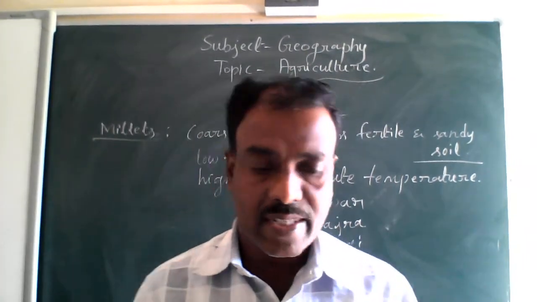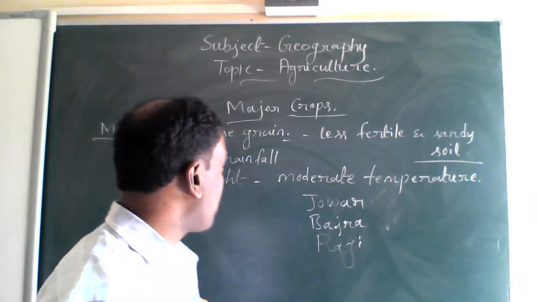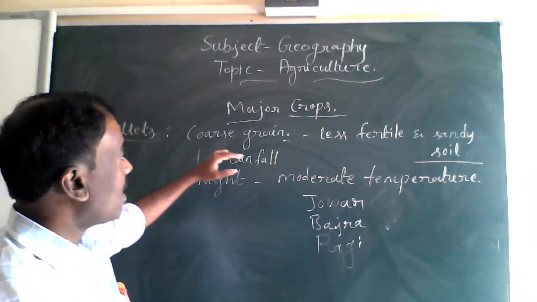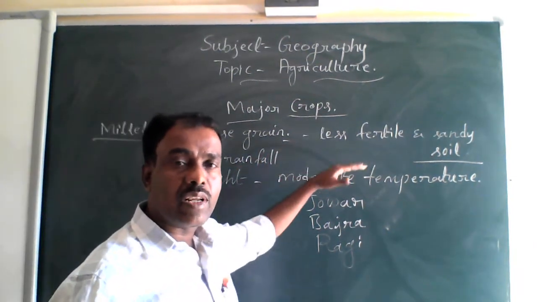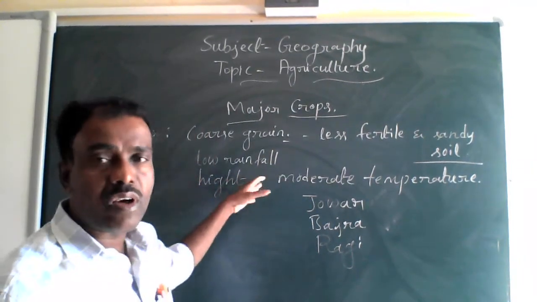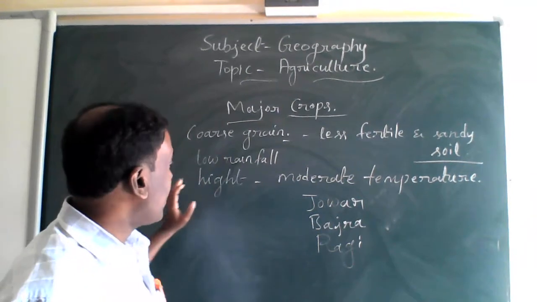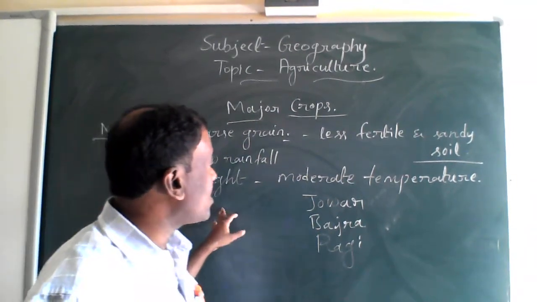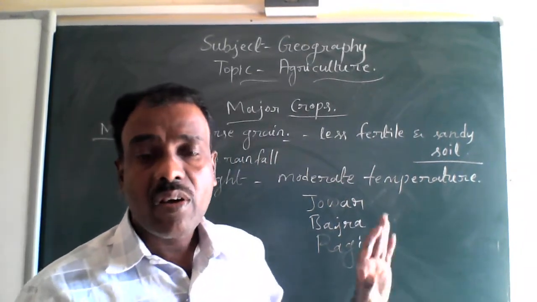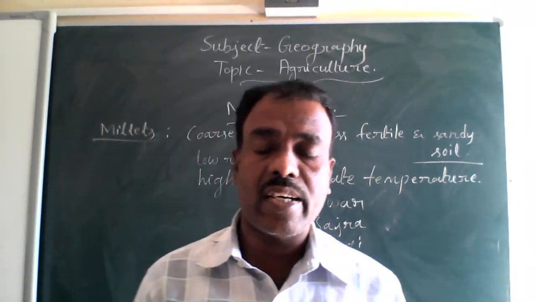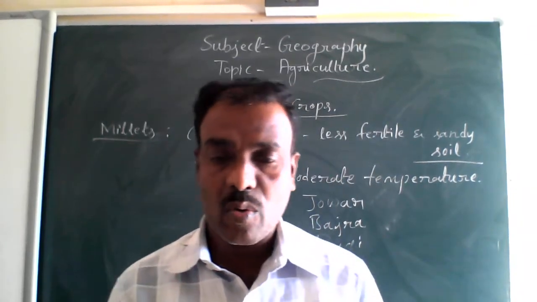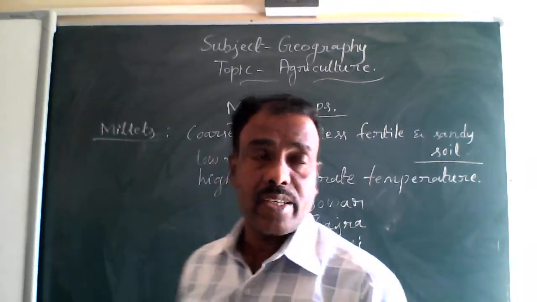Once again, I would like to repeat: millets, also known as coarse grain, can be grown on less fertile and sandy soil, require low or adequate rainfall, and can be grown at high to moderate temperature. Such as Jowar, Bajra, Ragi, grown in India and some other countries such as Nigeria and China. Okay, now let us discuss maize.